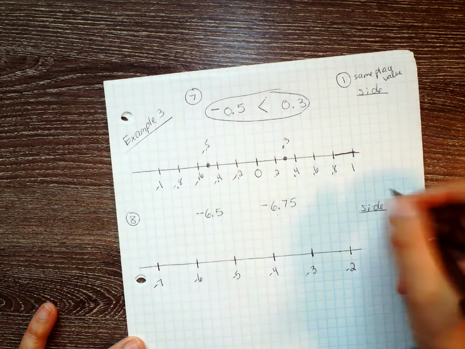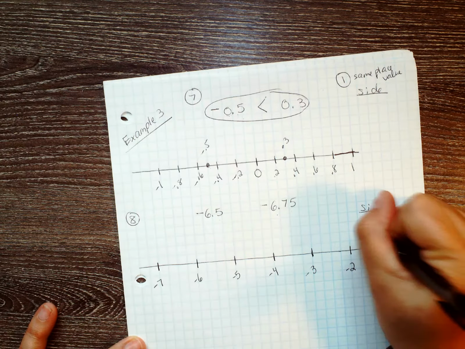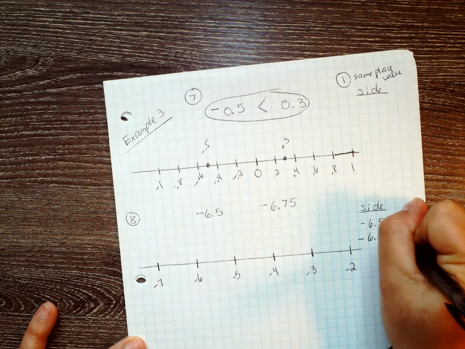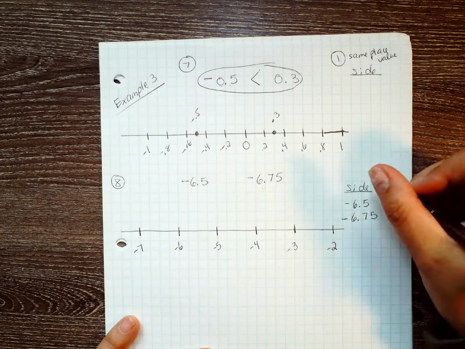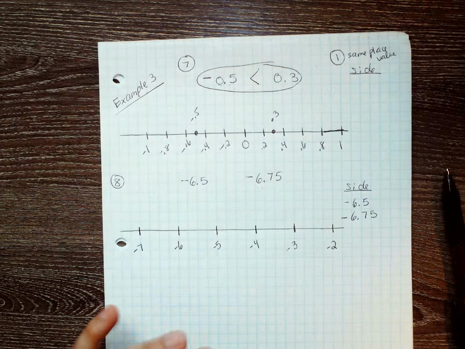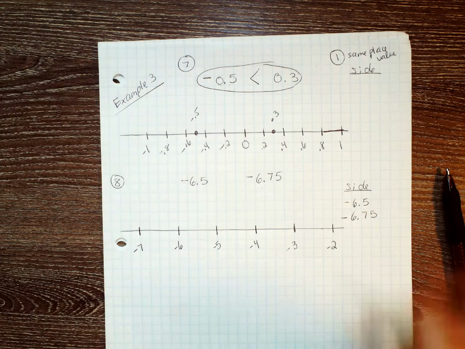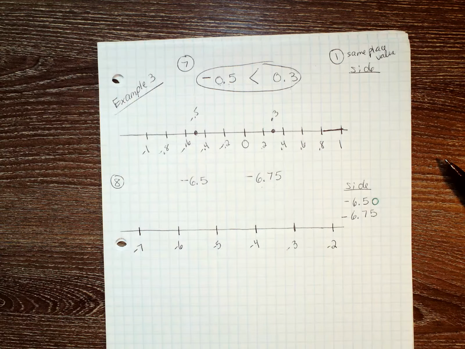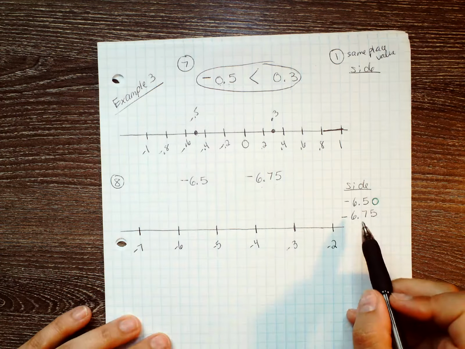So before I even plot, I have to write these down and line them up with their place value. And this is going to help me because I'm going to notice that this is missing a place value, and I have to substitute a 0 in there. All right. So now it's going to be a little bit easier for me.